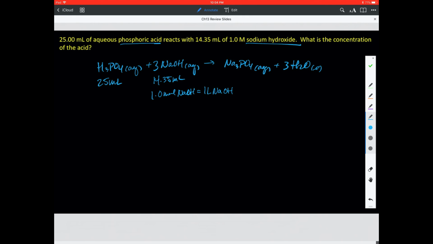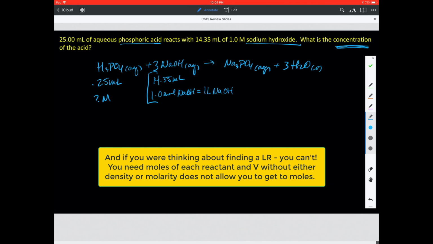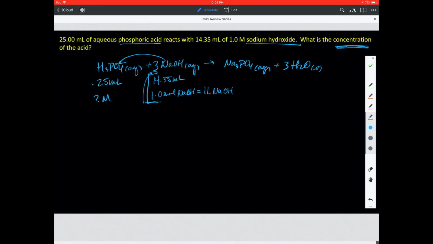But here, if we summarize this, it should be crystal clear that we have to start here, right? If I only know milliliters of H3PO4, that is insufficient to go anywhere. We can't do anything with that. But I do want to know the concentration of it, which means that I can get to moles of it and then use the volume to figure out the rest of it, okay? So even if you weren't sure what else to do, this is where we have to start, right? And then we have to get to here, right?